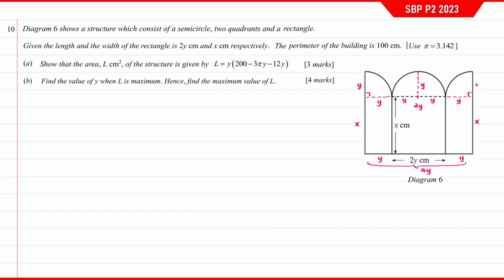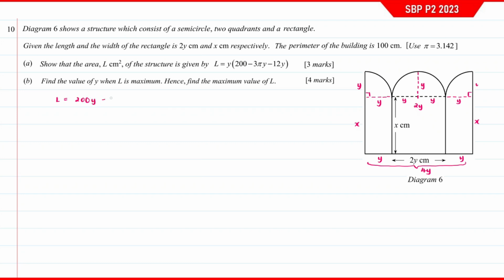Question B. Find the value of y when L is maximum. Hence, find the maximum value of L. So first, we're going to differentiate L with respect to y, which is dL/dy, and let dL/dy equal to 0 to find the value of y when L is maximum. So from the equation given in 10a, first I'm going to expand it.